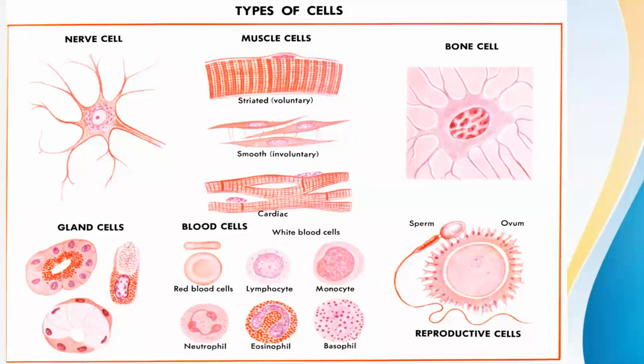These are the cells. You can see each and every cell has a different shape. Why do they have different shapes? Because they do different functions. In plants and in animals, both have different types of cells.